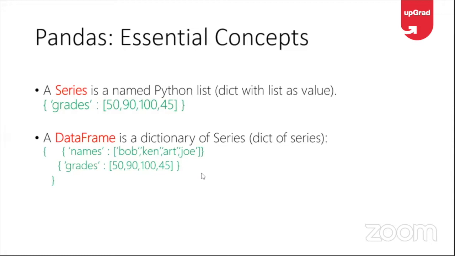We need a data structure that can hold the data, that can hold our spreadsheet, that provides functions, attributes and properties to manipulate and access the data, and that can help us in slicing that tabular data. And the answer to all our questions is series and data frame.